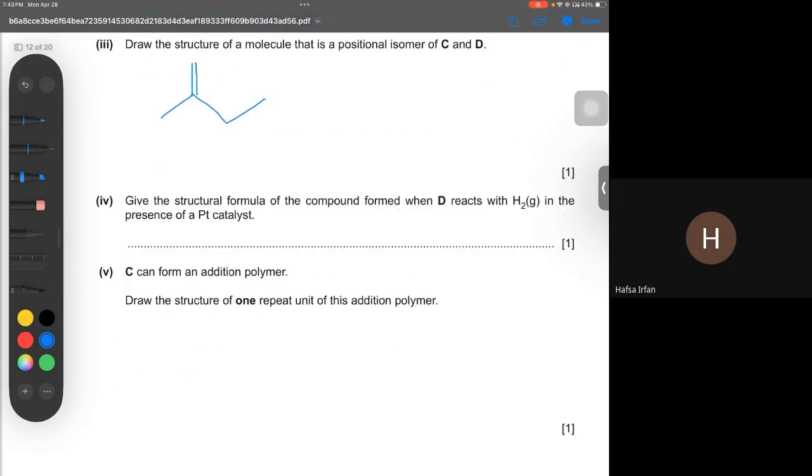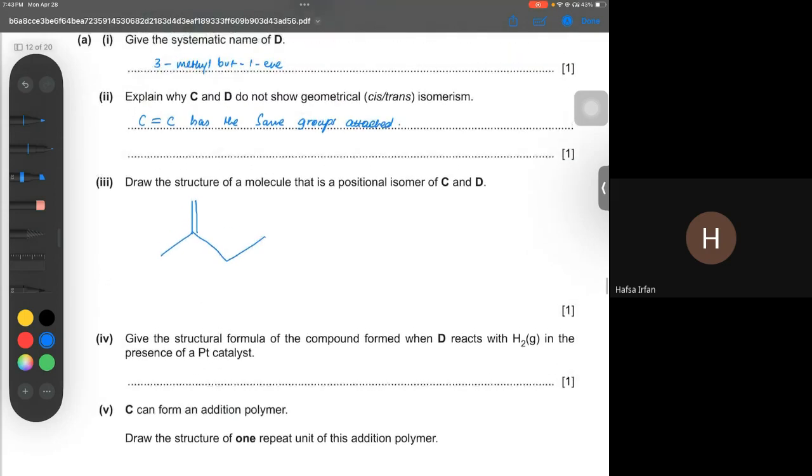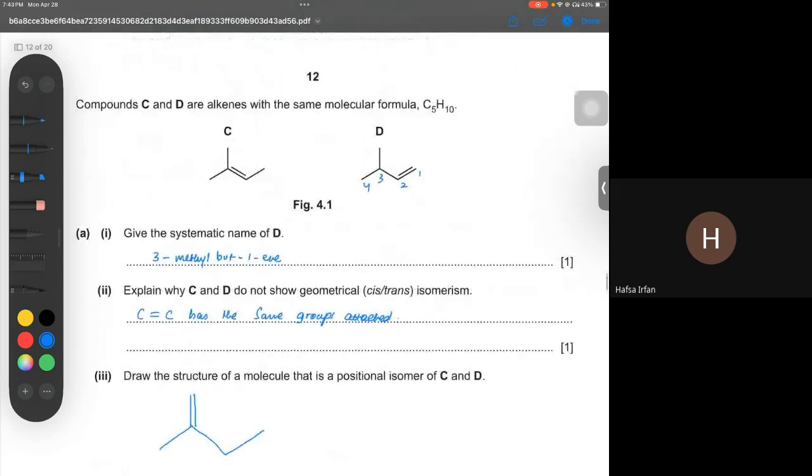Give the structural formula for the compound formed when D reacts with H2 in the presence of platinum. When we react it with a platinum catalyst, basically we are doing hydrogenation. Hydrogenation means addition of hydrogen. What would be the product? Alkene would be converting into alkane.